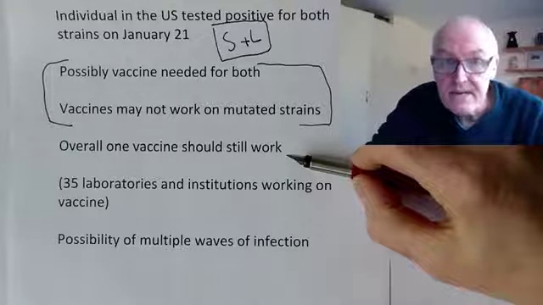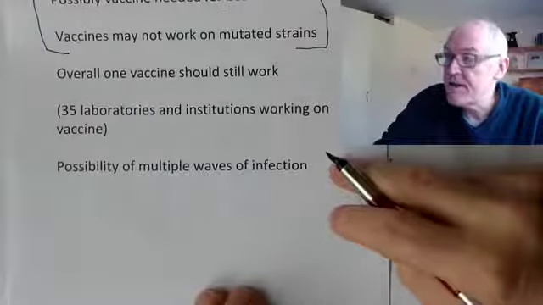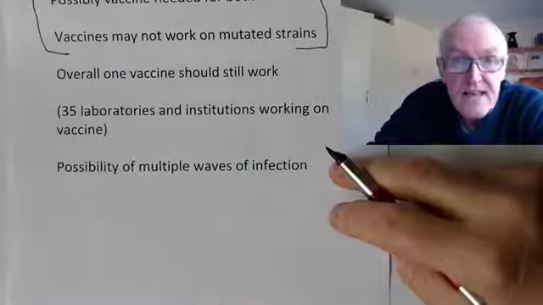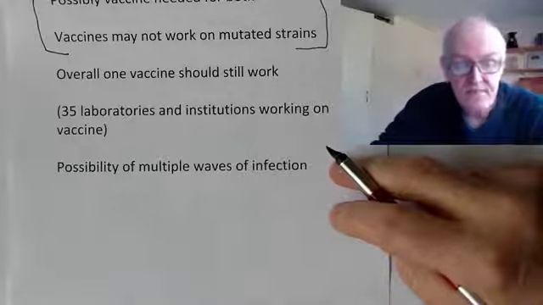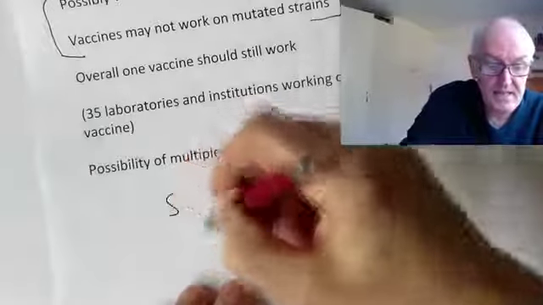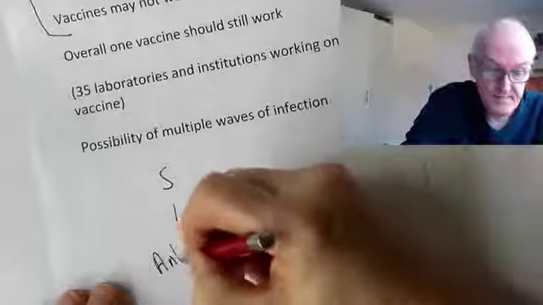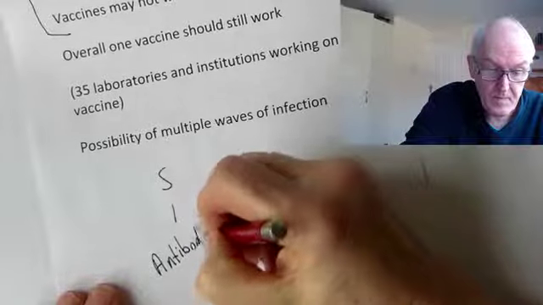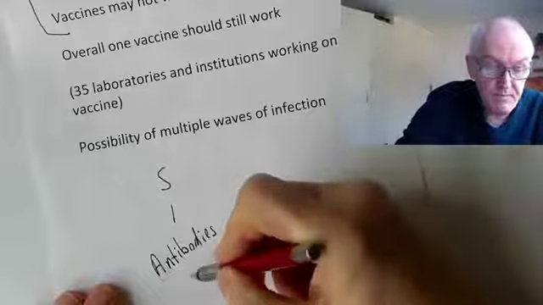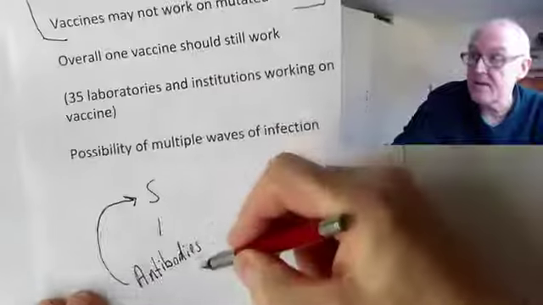But what it means in the meantime is that the antibody response generated in your body to the S and the L type may be slightly different. So, for example, if someone was infected with the S, they'll make antibodies to the S type, which will make them immune to the S type virus.